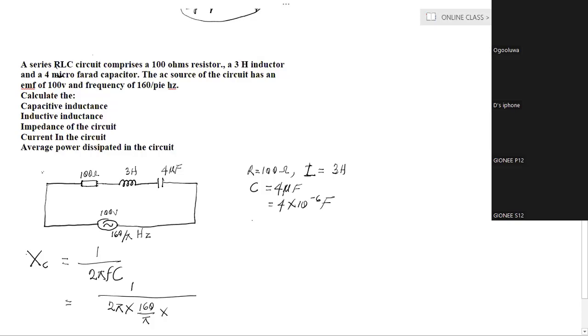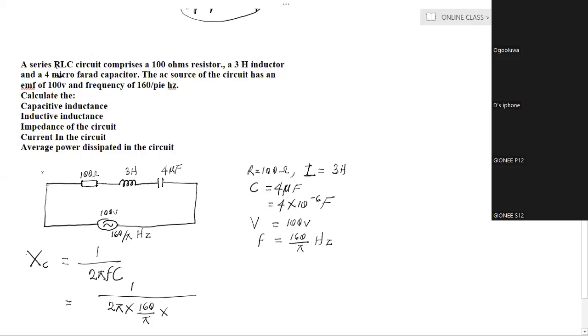After that, we have our source to be 100 volts. Then we have the frequency, that one is small letter f, which is 160 over pi hertz.